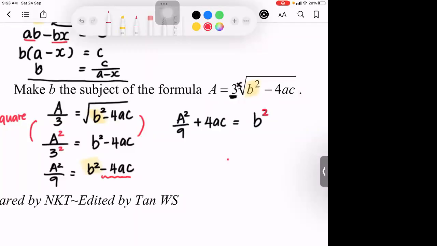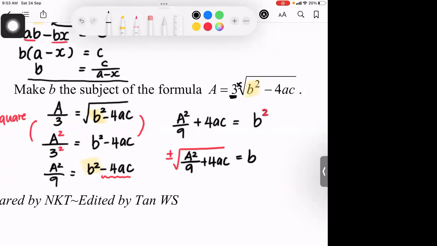Then I take square root. Okay, so I take square root on both sides. But when I take square root, we'll have how many answers? There will be 2 answers. We need a plus or minus. Okay, then I copy this whole thing. Right? But I want to make b the subject.